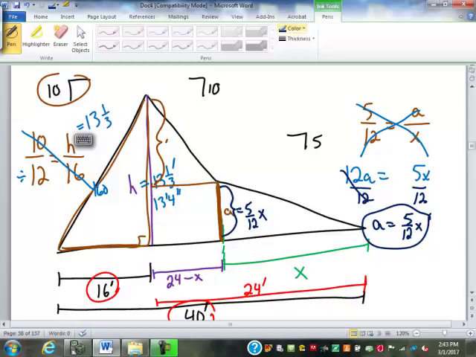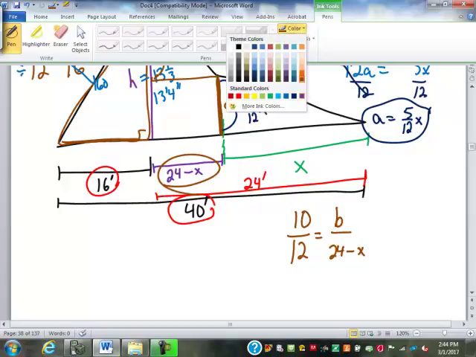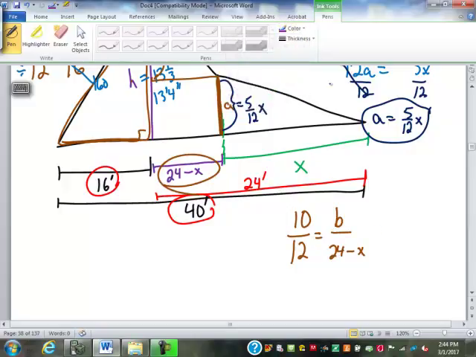So in this one up here, I'm going to call that B just to start out for a calculation here. That's a 10/12 slope. So in that triangle, we've got the 10/12 slope. The rise of that was B, and the run was the 24 minus x. So we cross multiply there.